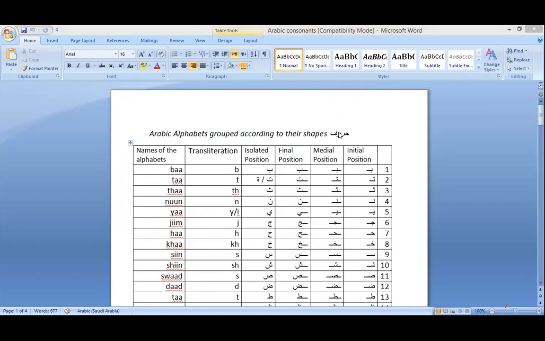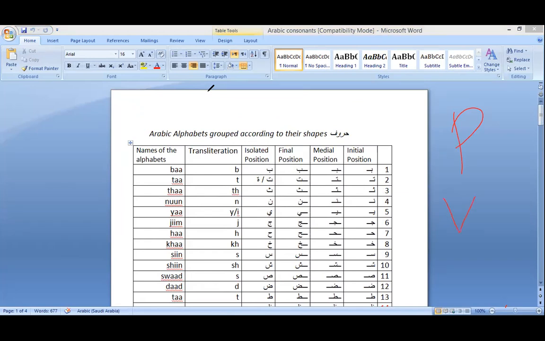Of course, there are some Latin alphabets that are not found in Arabic. For example, there is no P in Arabic, right? So if your name is Paul, there is no P in Arabic.